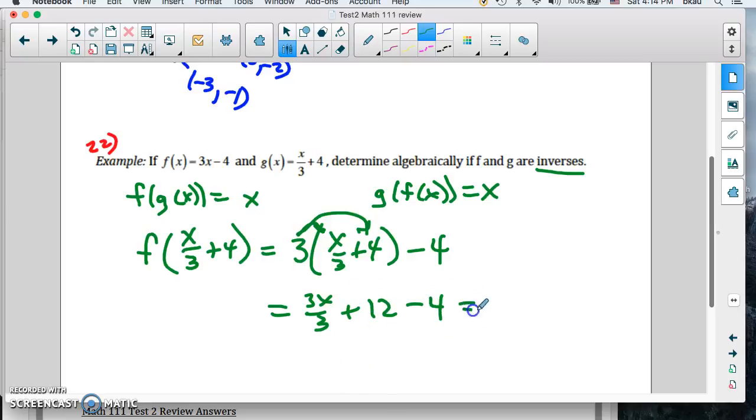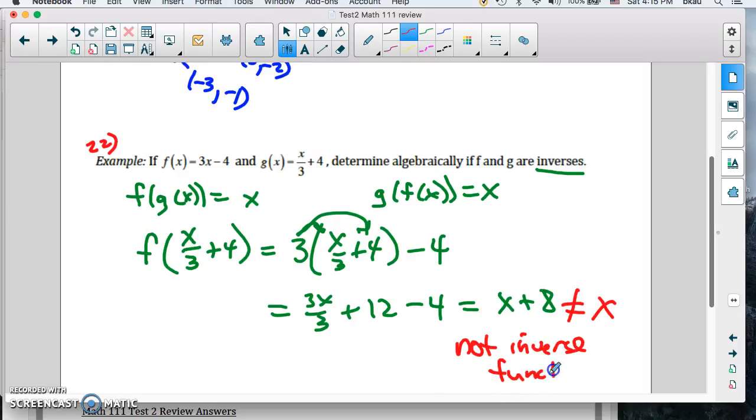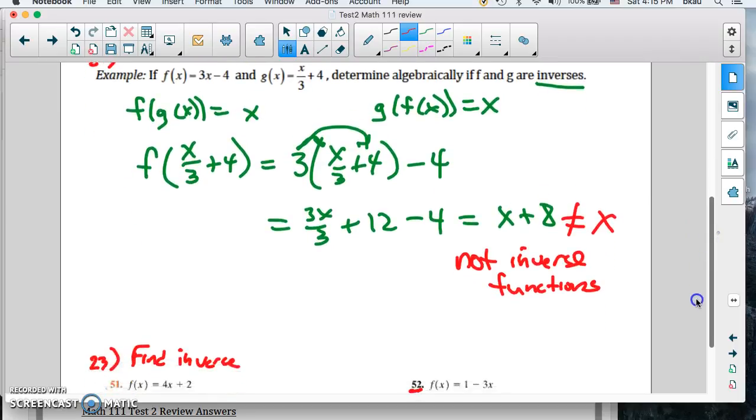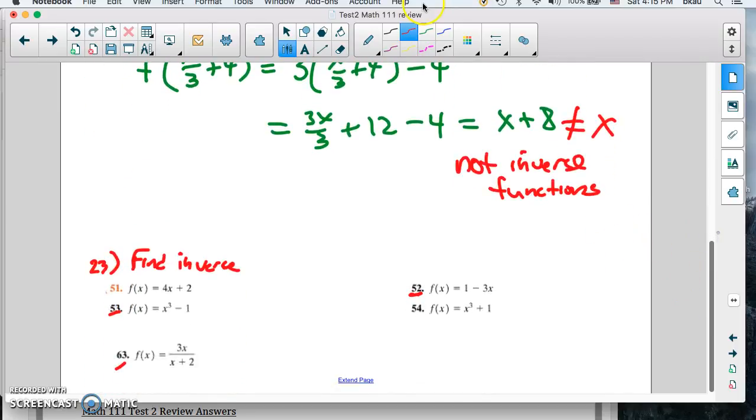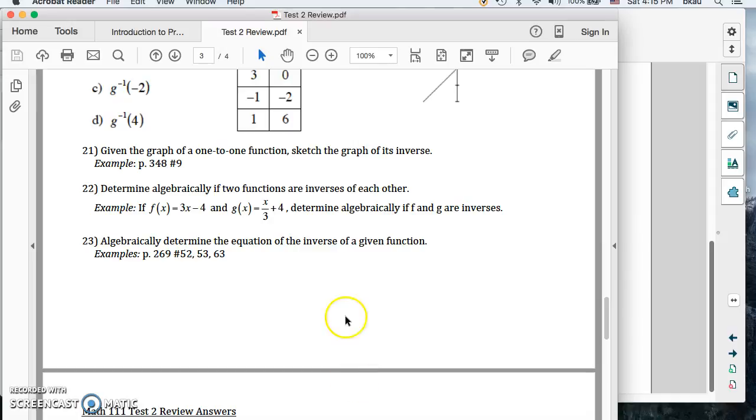So we're going to get x plus 8. That's not equal to x. So these are not inverses. If you had gotten x, then you would have to try the other composite to see if you could get x out of that one as well. All right, so that was 22, how you determine if they're inverses.